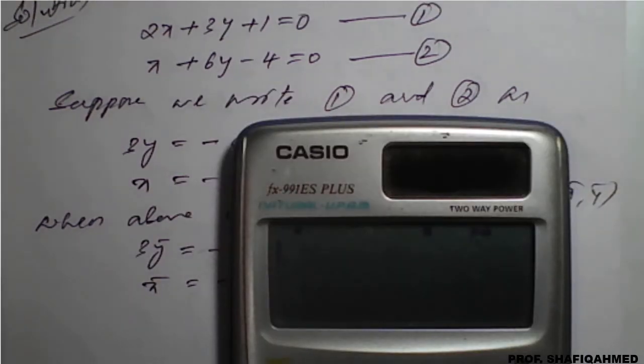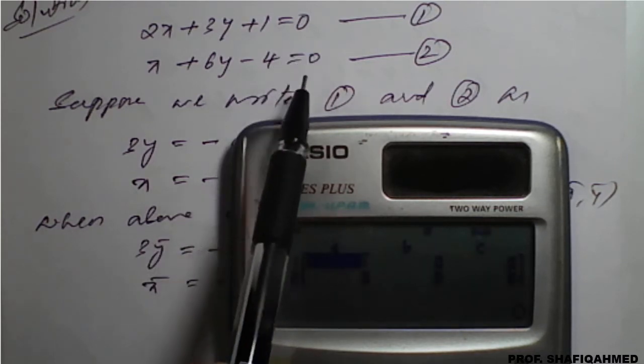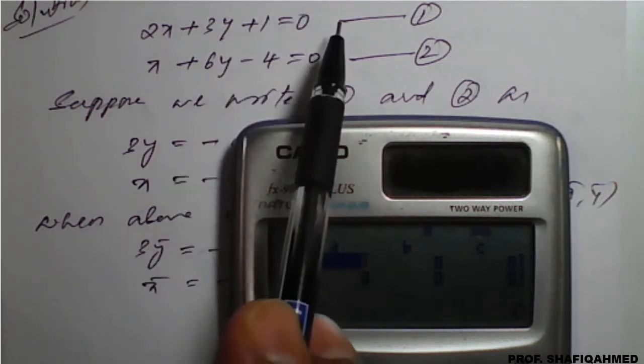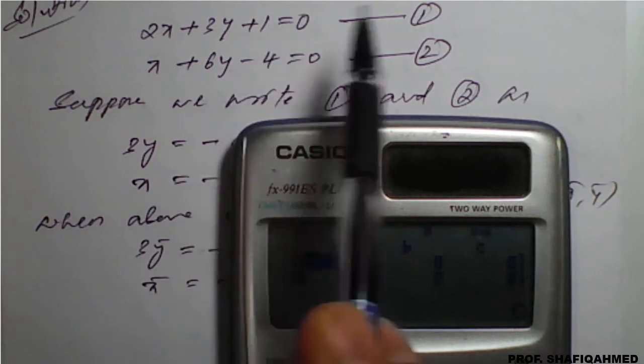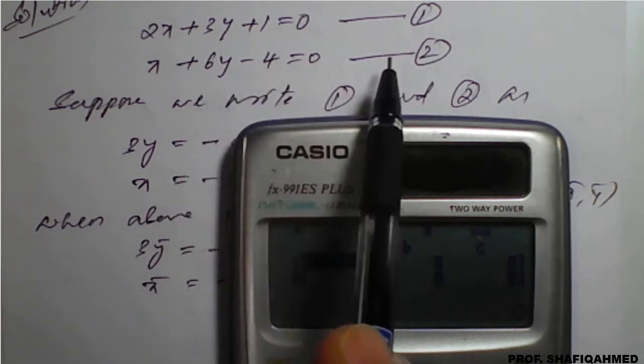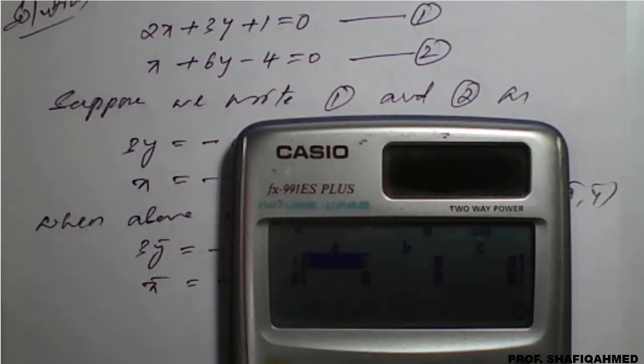To get x bar and y bar, we'll go for the equation option on the calculator, the first one. The given equations 1 and 2 will apply, it is one and the same. You shift this plus 1 to the right hand side and it will become minus 1; the constant value we have to take outside the equal to sign. This minus 4 you should shift, it becomes plus 4. So while entering, be careful.